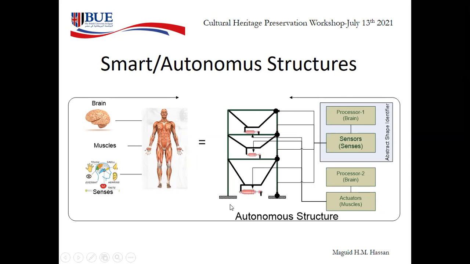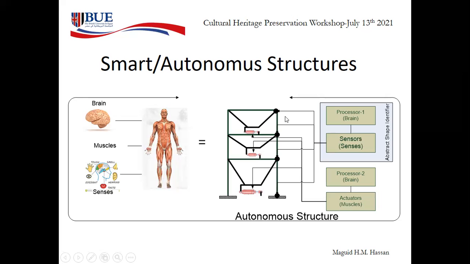And if we try to model a structural system that has the same set of components, we would provide some sort of a computing or processor unit, which would act as a brain, a set of sensors that would detect movements or any characteristics that we're looking for, and a set of actuators, which in this case are MR dampers located at each level.